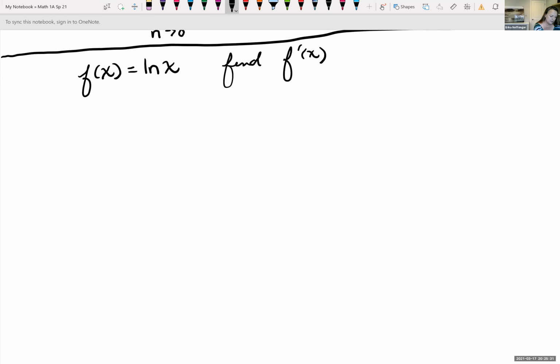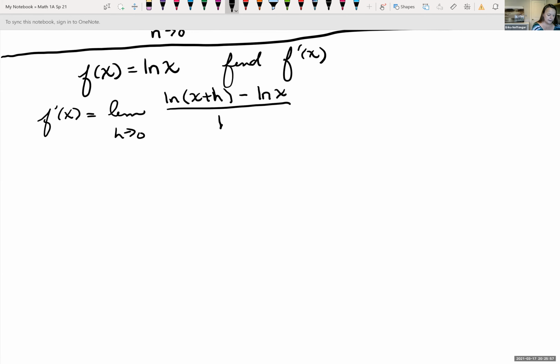So this is the same thing. Our derivative f prime of x is equal to the limit as h approaches 0 of f of x plus h, so that would be natural log of x plus h, minus the natural log of x, so ln of x. And this is all placed over h.